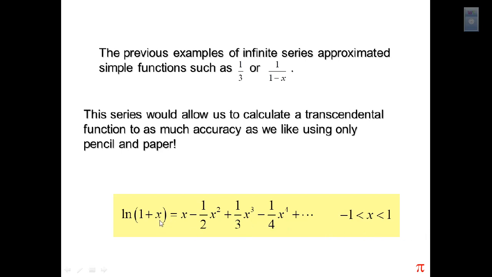Whatever x I plug in right here, as long as it's between these two values, if I plug it in here, here, here, and so on, I'm going to get a polynomial that gives me a decimal approximation of what this thing right here is. And with 4 or 5 terms, my approximation is very, very accurate. So that's where these series actually come from.